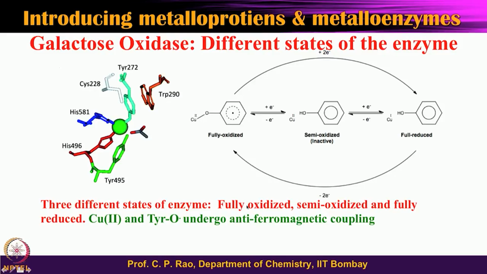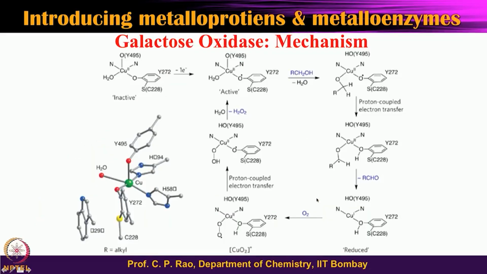Okay. So, the external oxygen is not a part of this cycle, but the second half of the cycle is to regenerate the original form of the galactose. Okay. If you look at the mechanism, you will understand and appreciate this aspect. See, this is the resting state. In the resting state, you have the binding of these ones, and then you have 1 tyrosine, 2 histidines, water, and this cofactor.